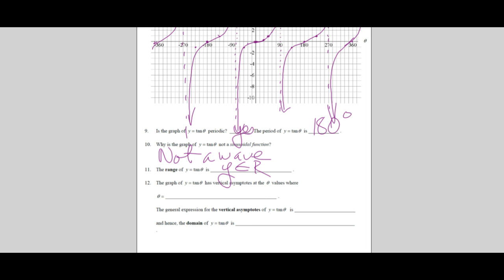The graph has vertical asymptotes at theta values where... Sorry, can it not be 0? Go ahead, but don't throw a negative in there. Ask the question again, but just say, can it be this? And then I can say yes or no. Well, 0 is a real number. Yes, 0 is a real number, and it can be 0.